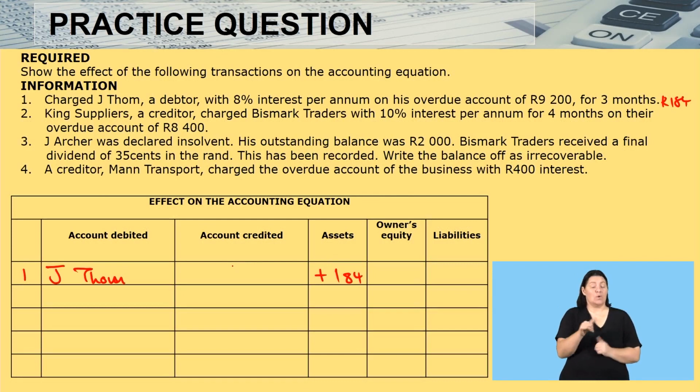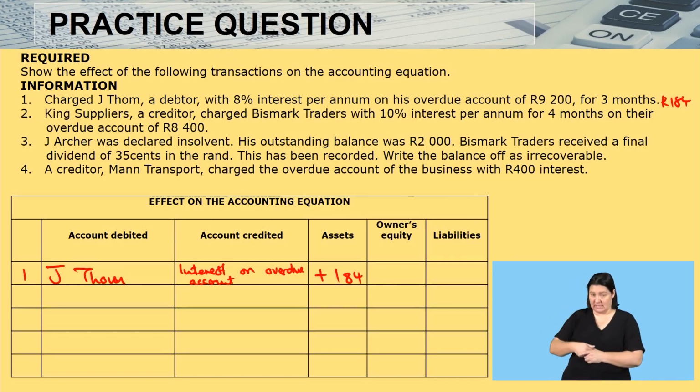And which account do we credit? It is interest on overdue account. Remember, this is a debtor. It says a debtor. So this is interest income. Interest income affects owner's equity, plus 184.